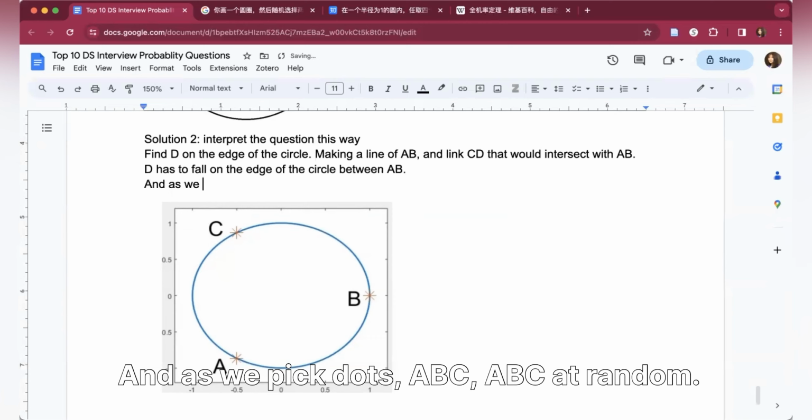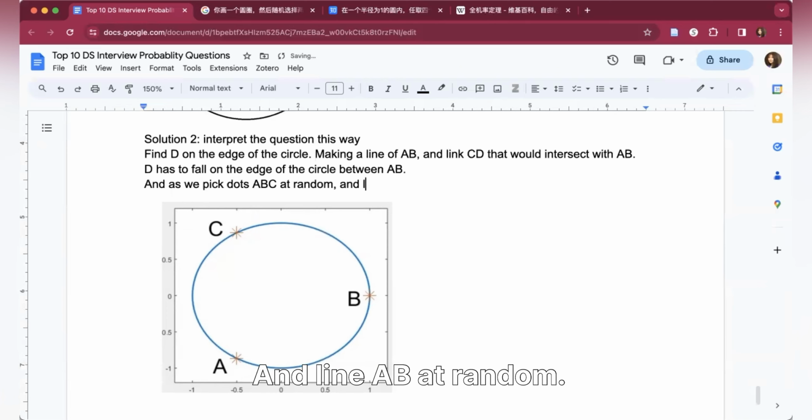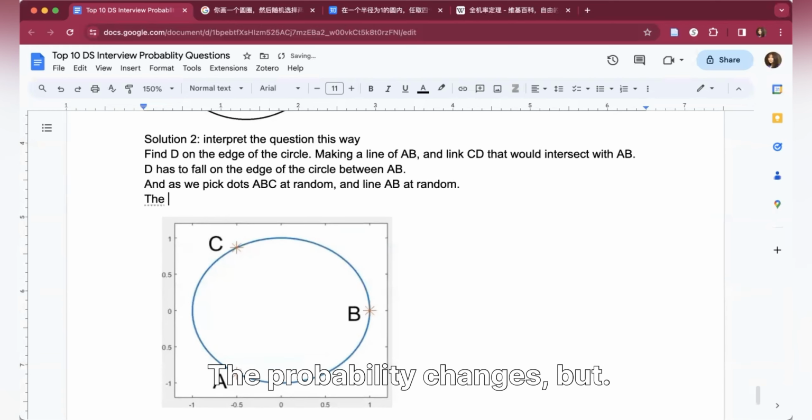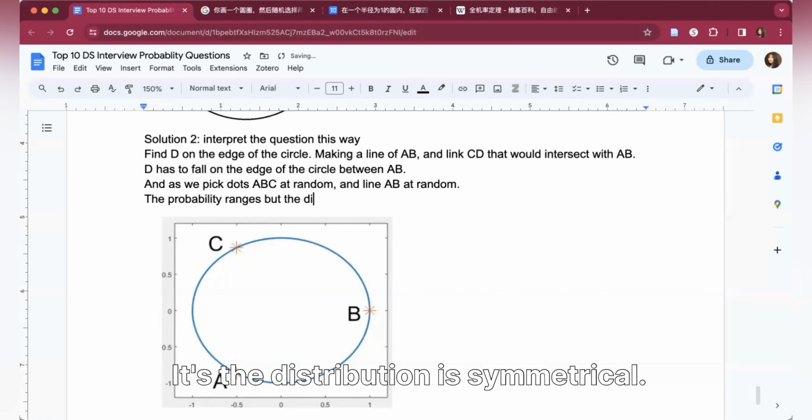And as we pick dots A, B, C at random, and line AB at random, the probability changes, but the distribution is symmetrical.